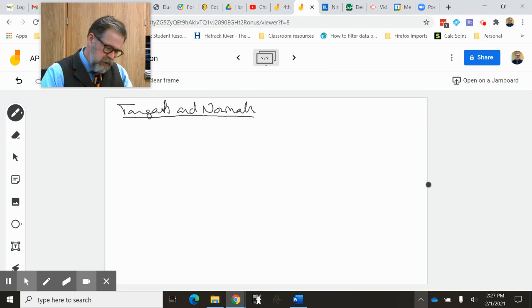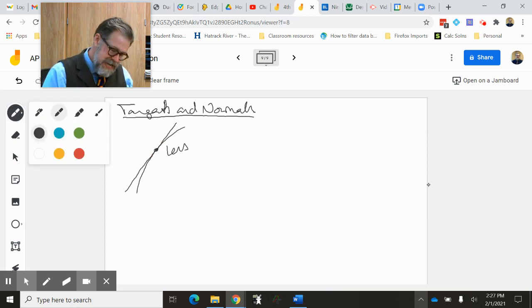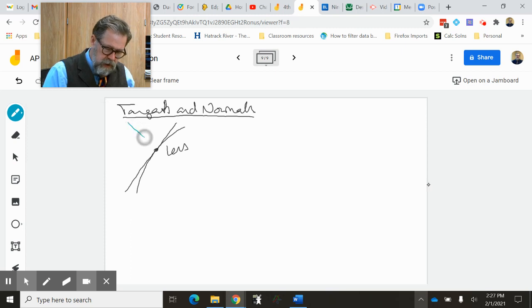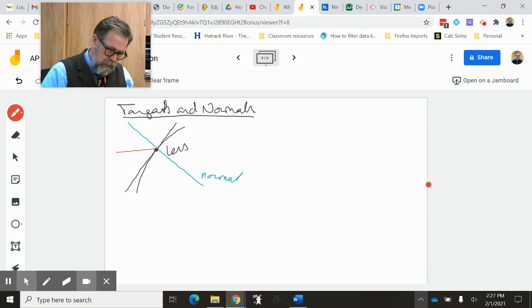And tangents and normals are interesting because if you think about a lens, if you take a point on the lens and find the equation of the tangent line, and then you find the equation of the normal line, it turns out that if you're talking about refraction, you're talking about light coming in at some sort of angle.